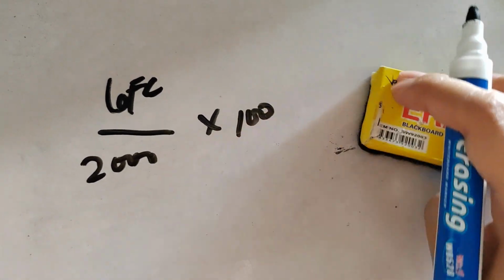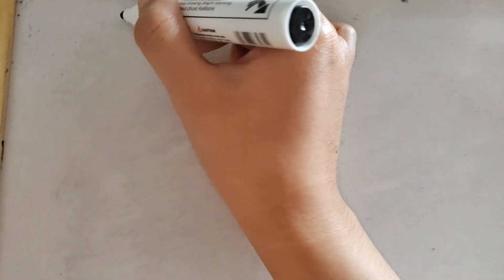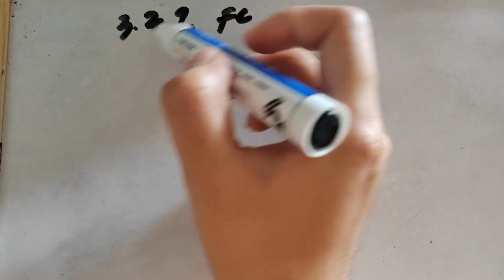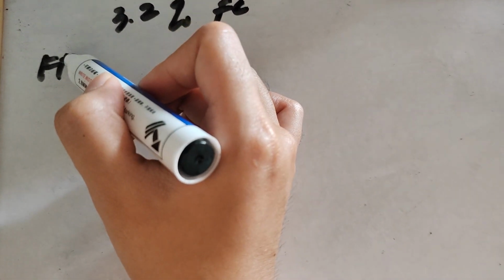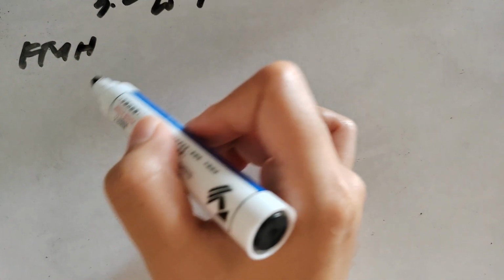Okay? So, you have your fetal cells na. So, you're gonna compute for the fetal-maternal bleed na. Okay? So, for our example, we're gonna use 3.2. For example, this is the given. You have 3.2% na fetal cells. Okay? So, we're gonna compute for the fetal-maternal hemorrhage, FMH.